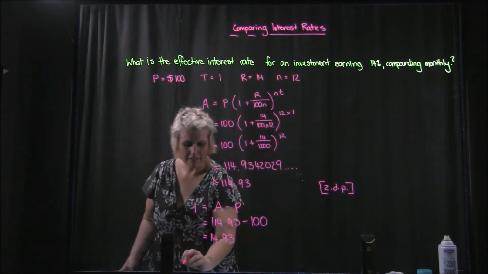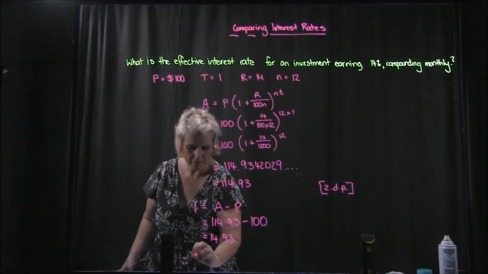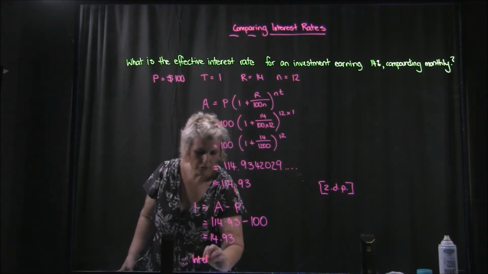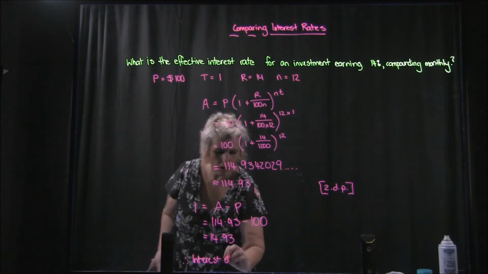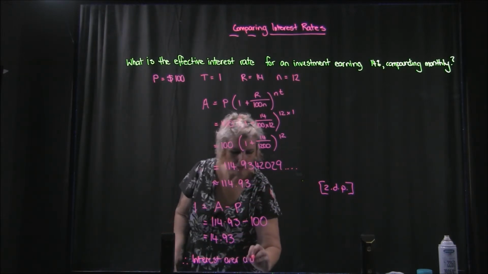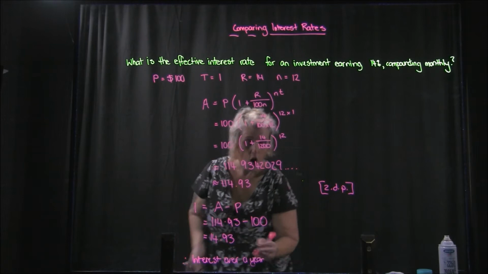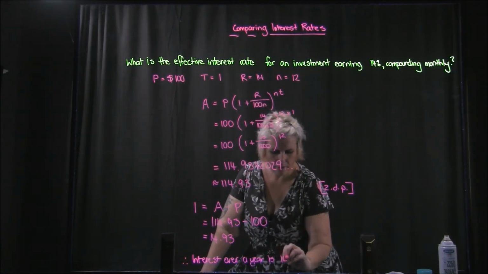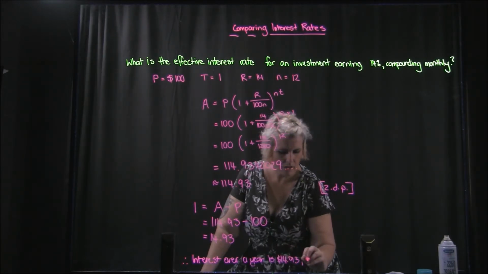And what this means is that this is our effective interest rate. Therefore, your interest over a year on $100 is $14.93.